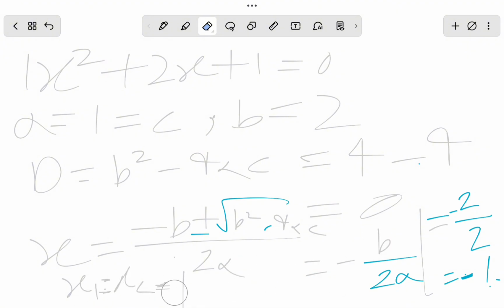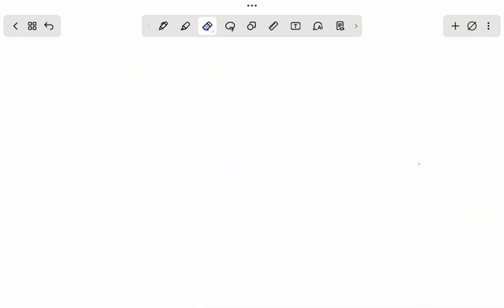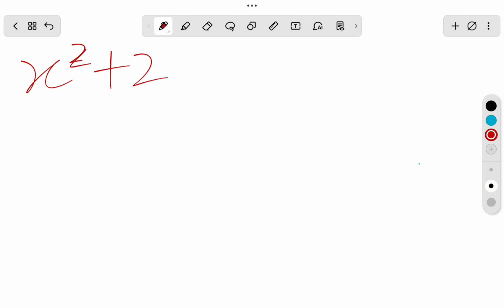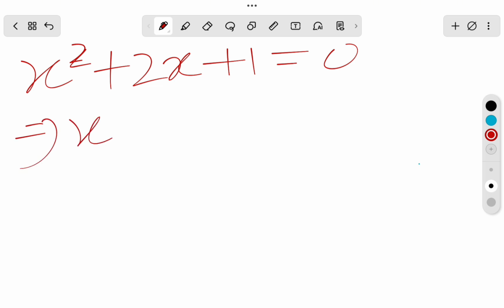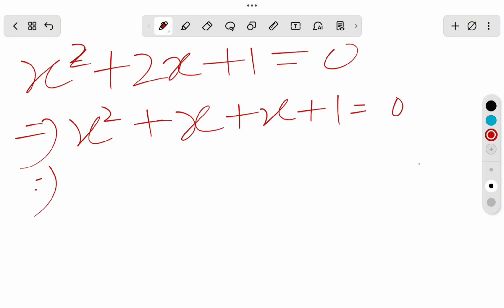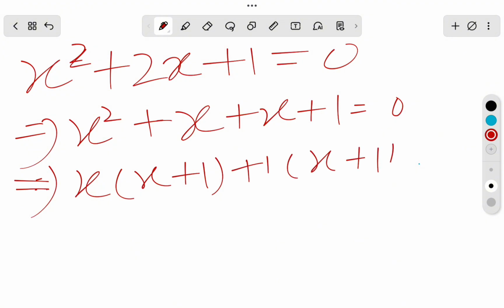Now we will solve this equation using the factorization method. x square plus 2x plus 1 is equal to 0. We can write this as x square plus x plus x plus 1 is equal to 0. Now we can write this as x into x plus 1 and 1 into x plus 1.